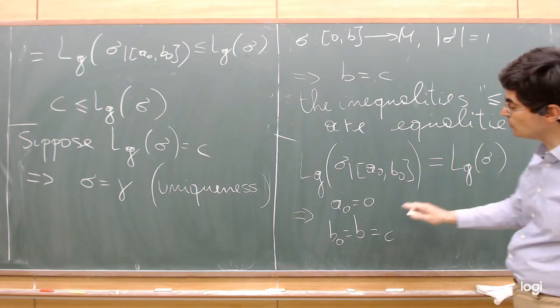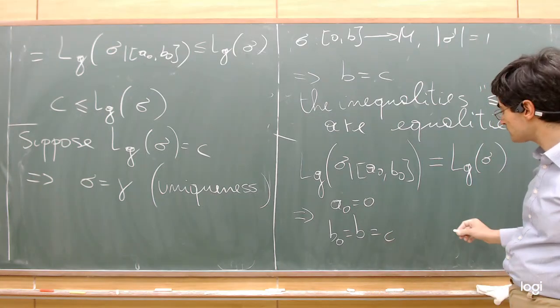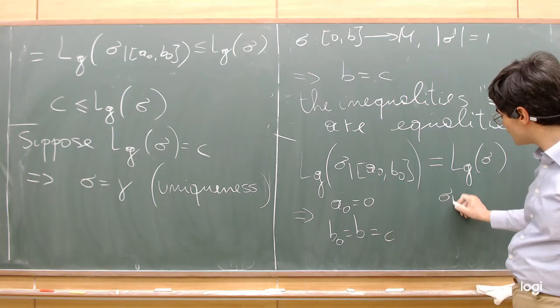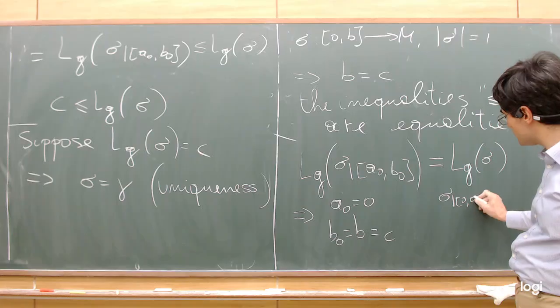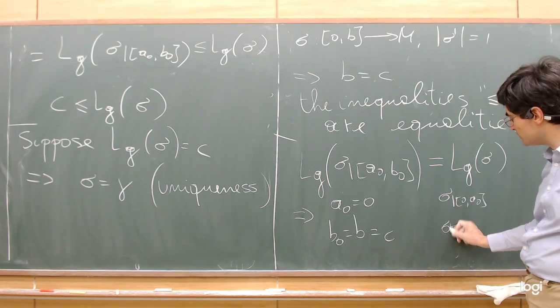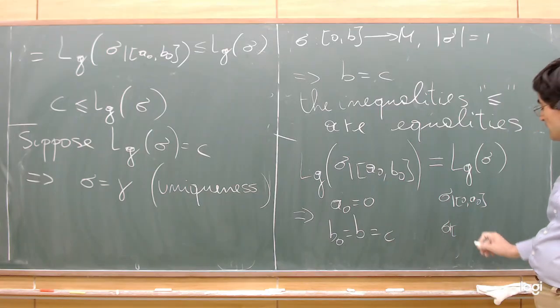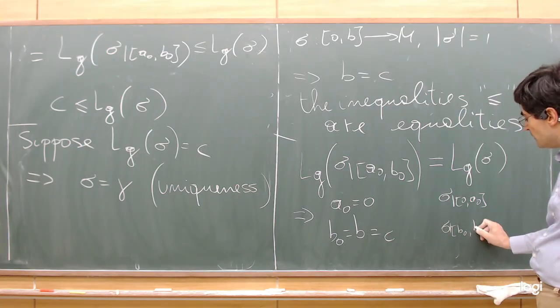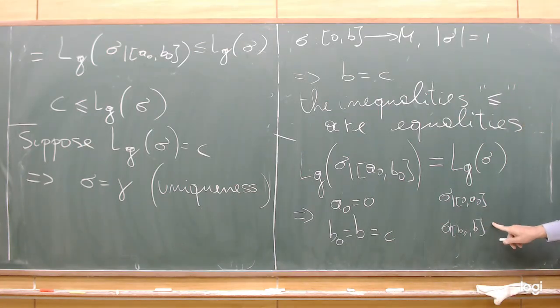This must be true, otherwise sigma restricted to 0A0 and sigma restricted to B0B would give a positive contribution to this length, which would be larger than this one.